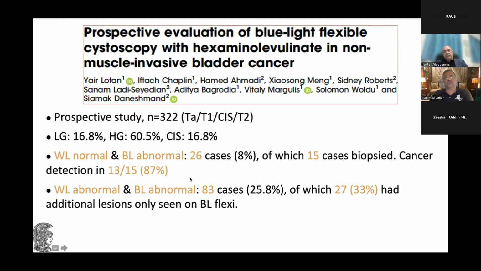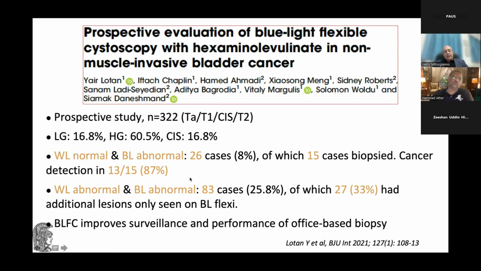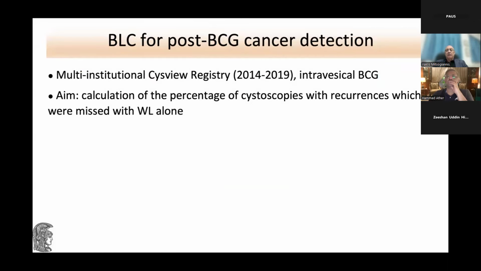So this study concluded that the use of blue light cystoscopy in the follow-up period really improves surveillance and also performance of office-based biopsy. Another study that showed benefit of the blue light cystoscopy is this one, which is again from the US.